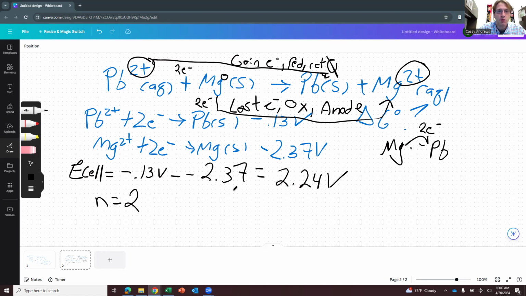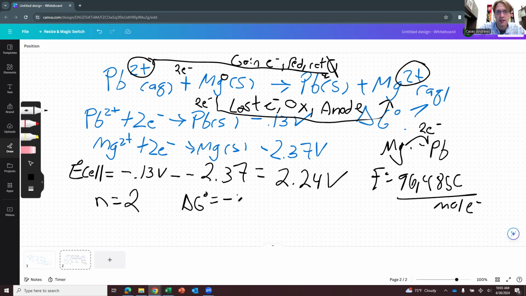So we have n, we have Ecell. Faraday is 96,485 coulombs per mole of electrons. So we have everything we need to do. So it's delta G naught equals minus number of electrons times Faraday times our Ecell. So this is equal to minus 2 times 96,485 times 2.24.